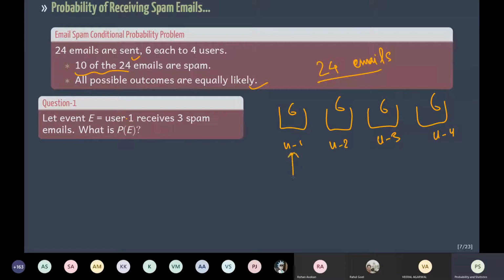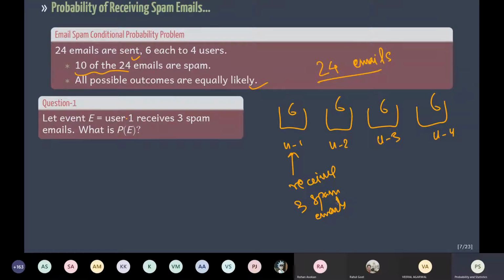So let us say user 1 receives 3 spam emails. Now the question is, what is the probability that user 1 receives 3 spam emails? What do you think about this problem?